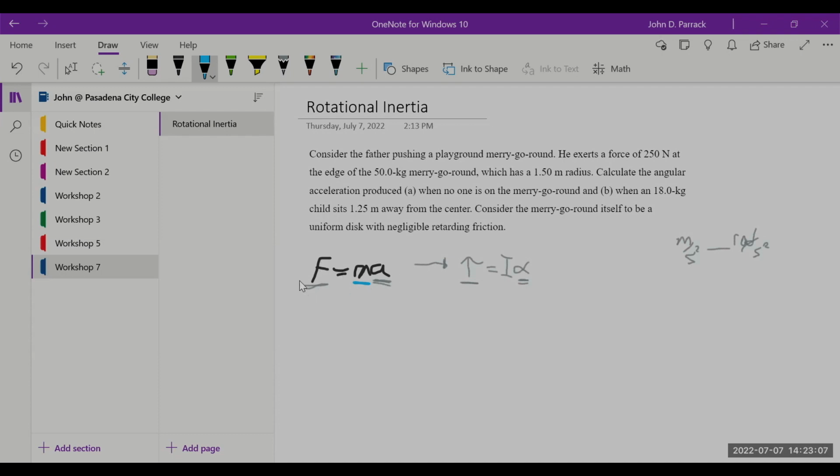Or if we give a certain amount of force, let's say we apply a 10 Newton force to a large mass, we would expect the acceleration to be small. It's hard. It takes a lot of force to move and change the velocity of big objects, and you've experienced that in your everyday life.